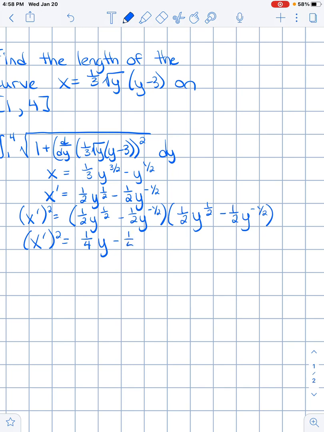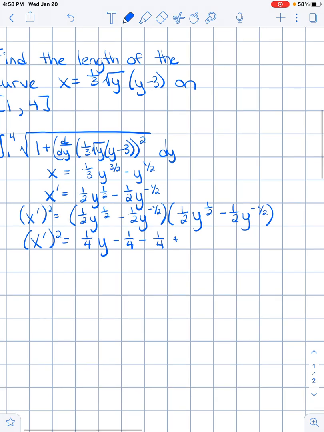The 1/2 times negative 1/2 is negative 1/4. Y to the 1/2 times y to the negative 1/2, that's y to the 0, or just 1. And then same if I multiply the inner two terms together. And then finally, negative 1/2 y to the negative 1/2 times negative 1/2 y to the negative 1/2, that's positive 1/4.